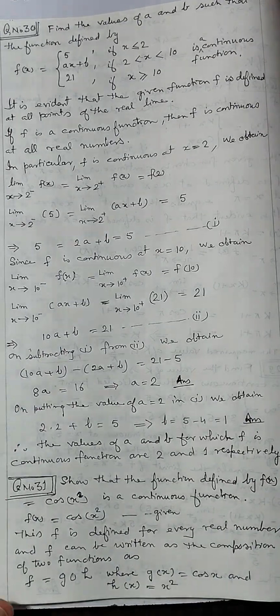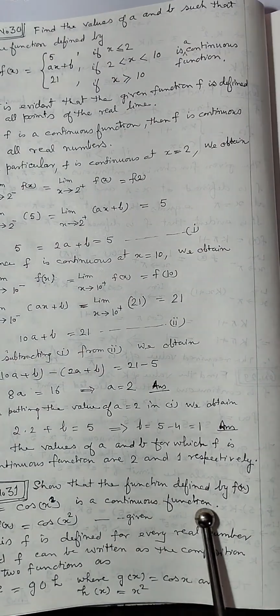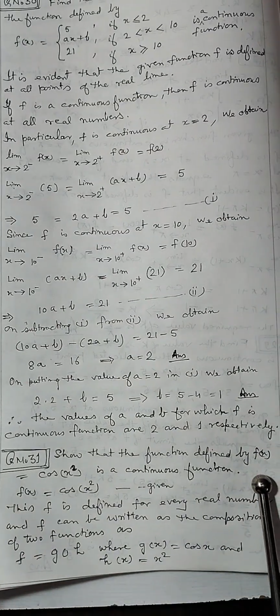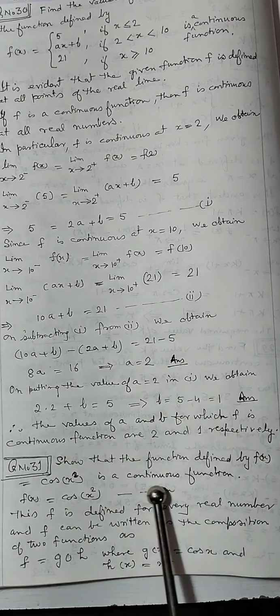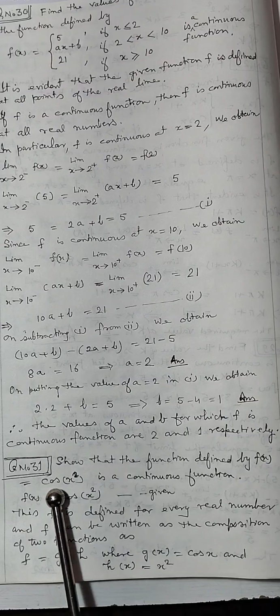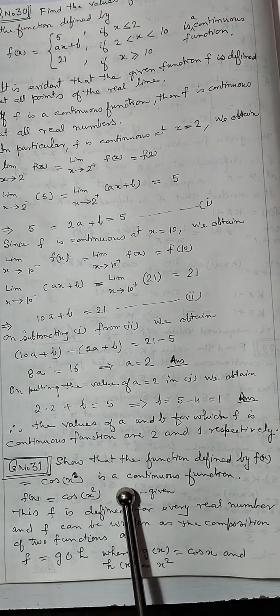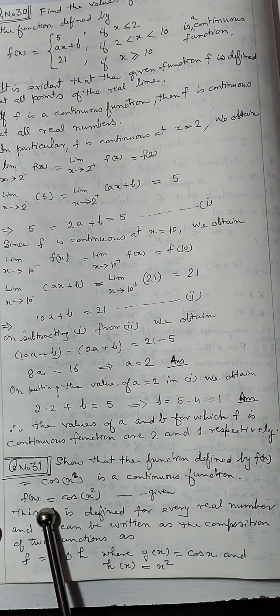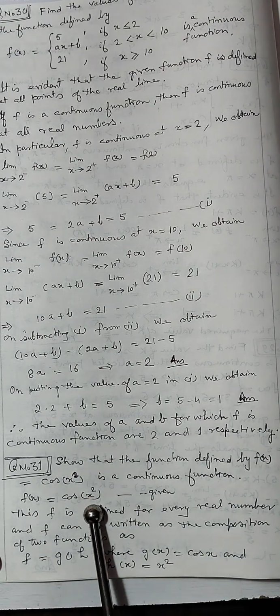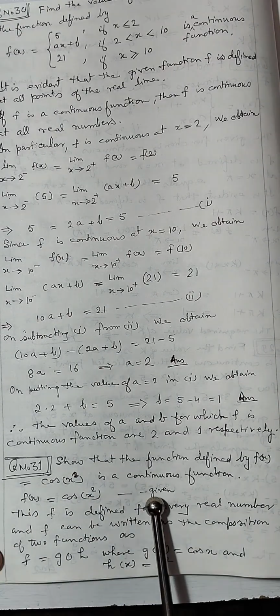Now come to question number 31. Show that the function defined by f(x) is equal to cos x square is a continuous function. f(x) is equal to cos x square. This is already given.